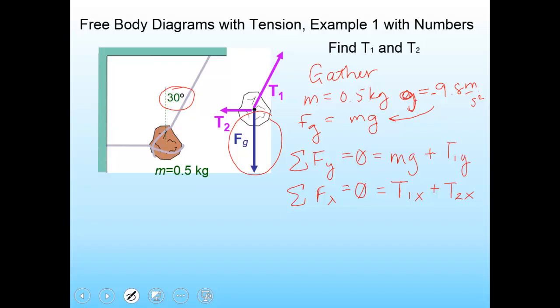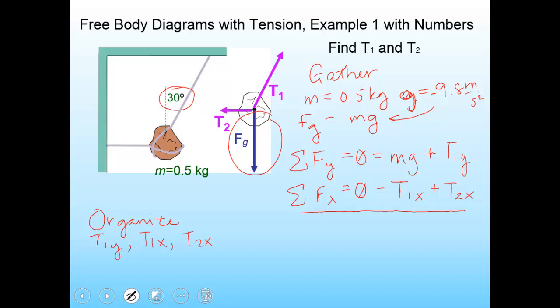In the next section of the goal, we're going to organize our approach. Okay, so now what we need to do in organizing our approach is we've already got this nicely laid out, and that's what we're going to use. But we do need to figure out what T1y, T1x, and T2x are.